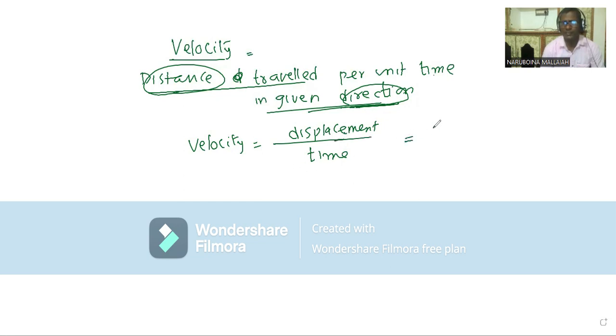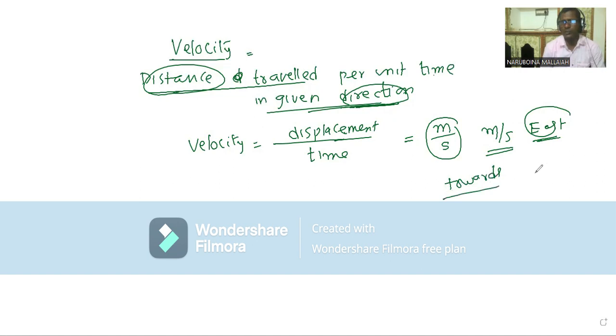If displacement is measured in meter, time is measured in second, so for this also we can write meter per second. But you must mention direction, east direction or north direction or south or northeast like that. Otherwise it is considered as speed only. So after writing meter per second, you must mention direction, towards north, towards east, towards northwest like that. Then only it is called displacement.